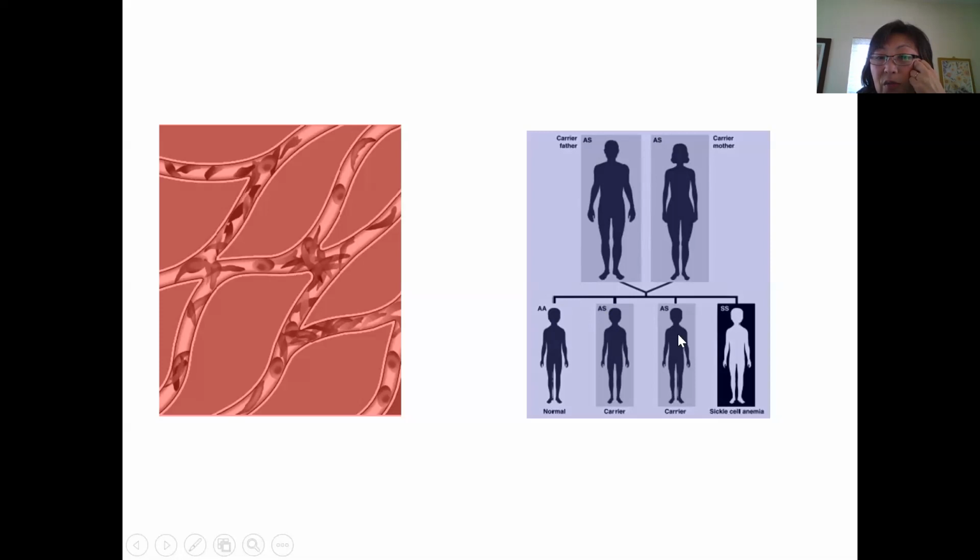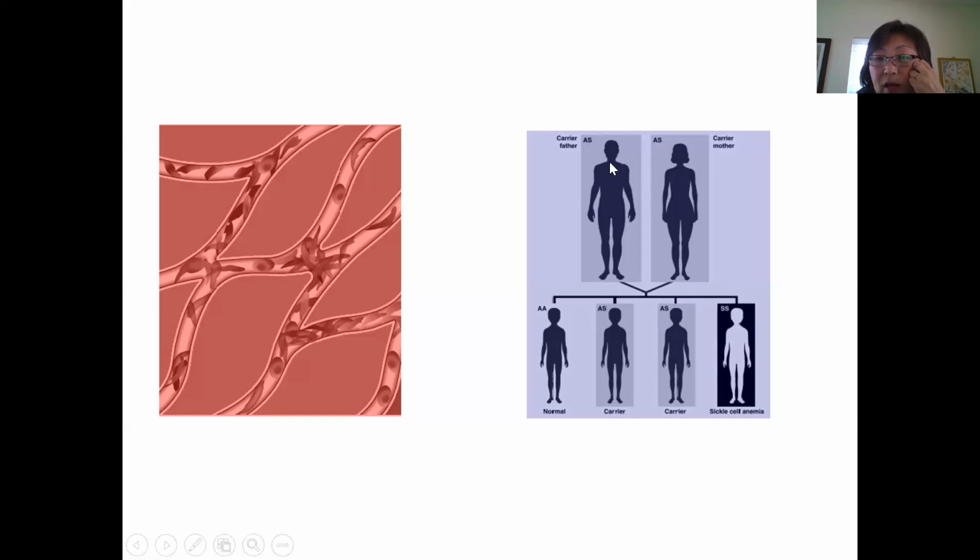The third one is the normal gene from the father and the abnormal gene from the mother. Again, you're making a carrier, so this child does not have sickle cell anemia.